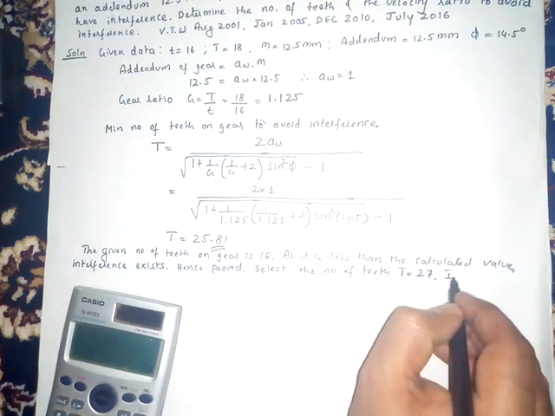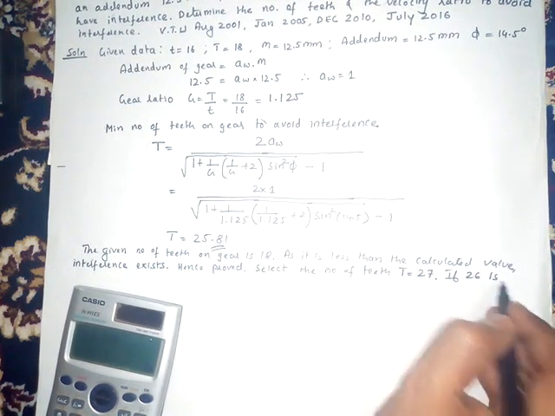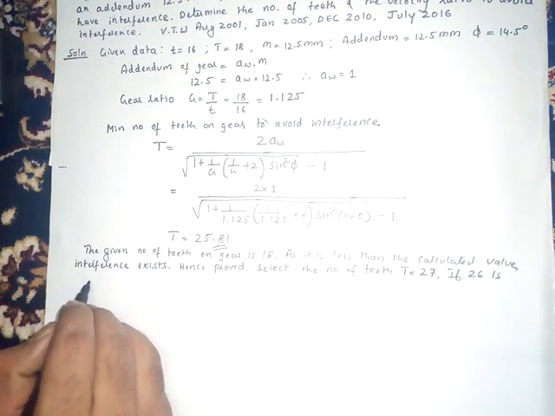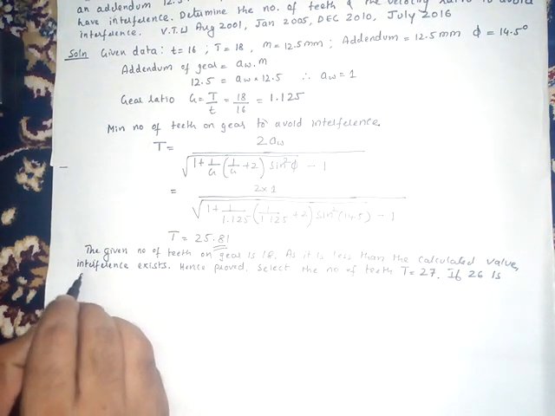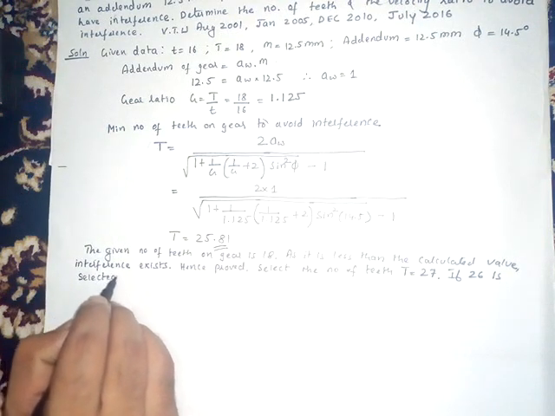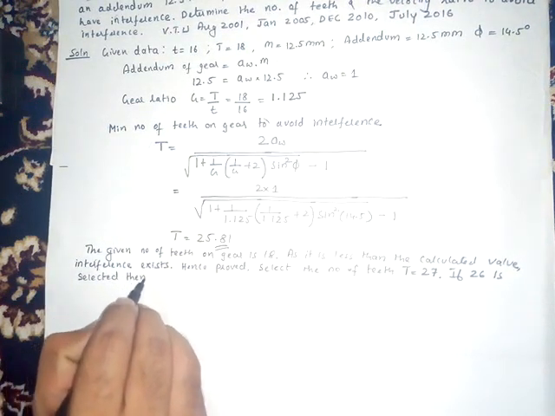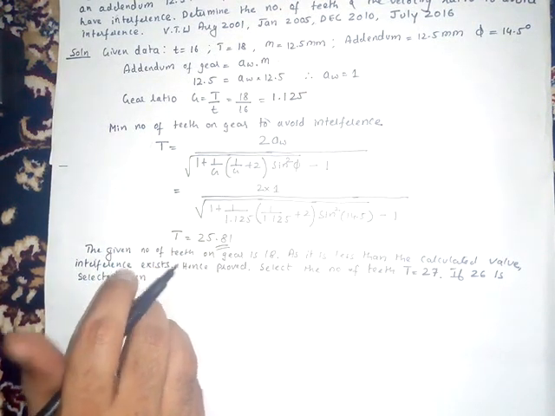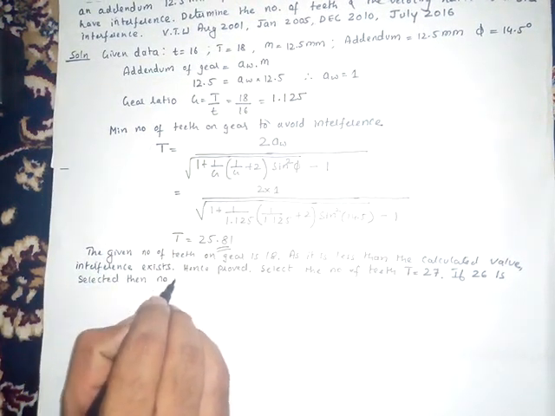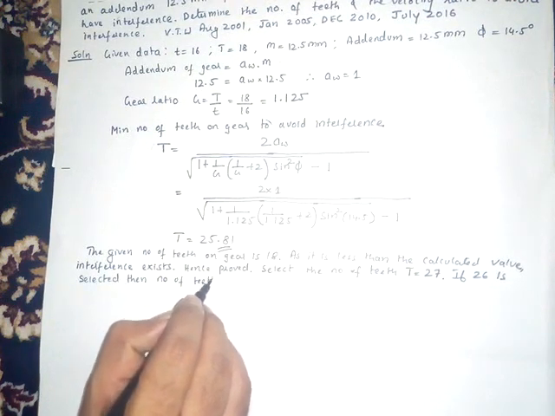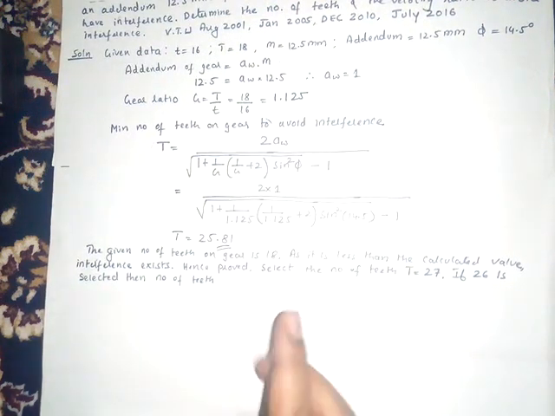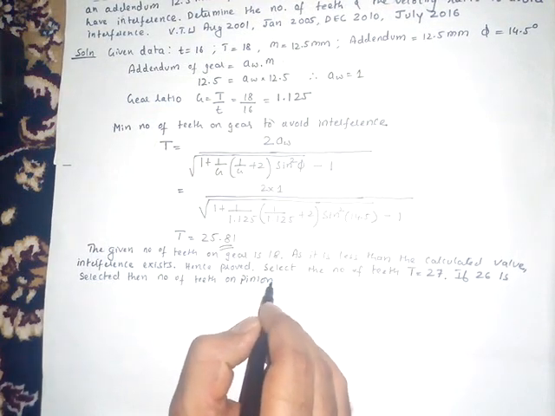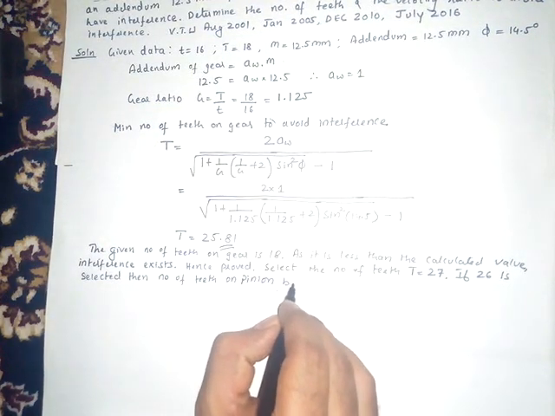If 26 is selected, then what did we observe? We observed that the number of teeth on pinion becomes fractional.